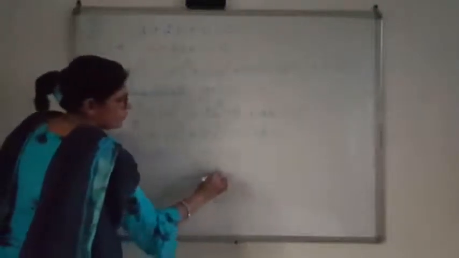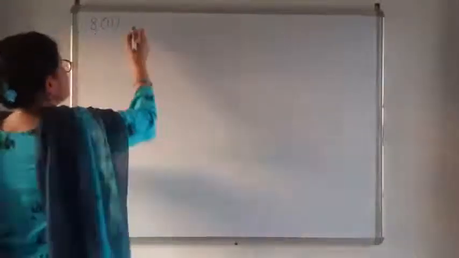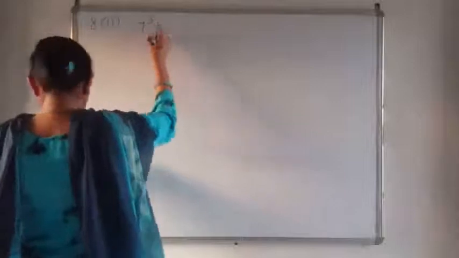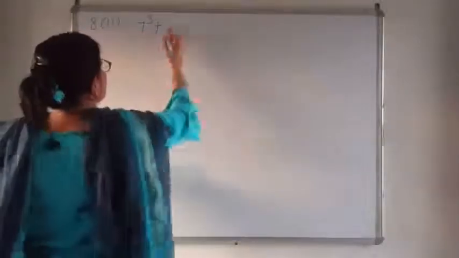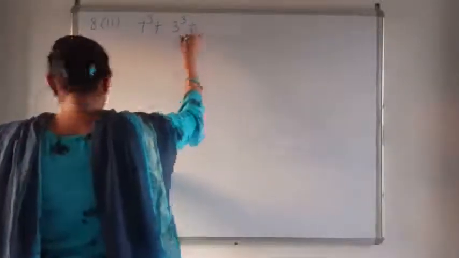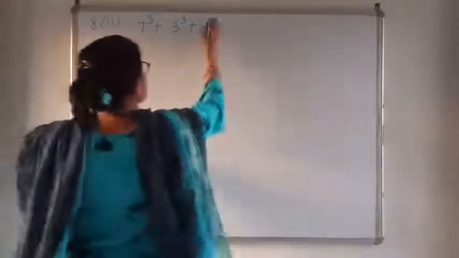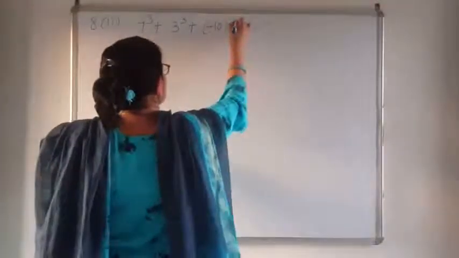This only you have to show. Now question number 8. Use property to evaluate. Here we will do the second part of this question. The statement is given like this: 7 cube plus 3 cube plus minus 10 cube.